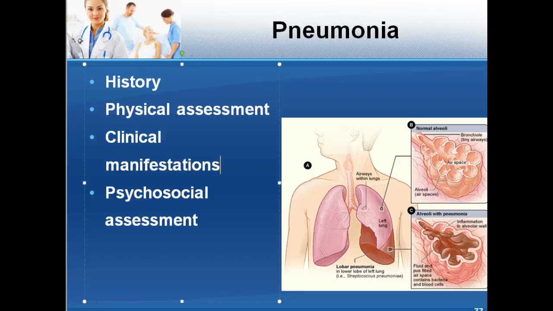So this is what it is. A lot of times, people who are older, who have some type of lung disease and different things like that, or have poor nutrition, make themselves more prone to catching some type of pneumonia.